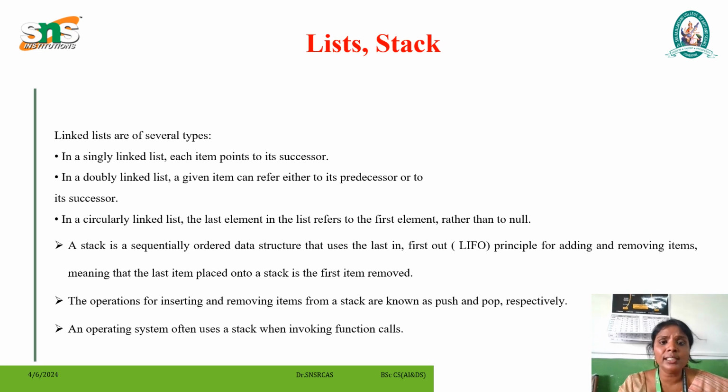In a singly linked list, each item points to its successor. In a doubly linked list, a given item can refer to either its predecessor or its successor. The third one is a circular linked list. The last element in the list refers to the first element rather than to null. These are all the concepts of list.